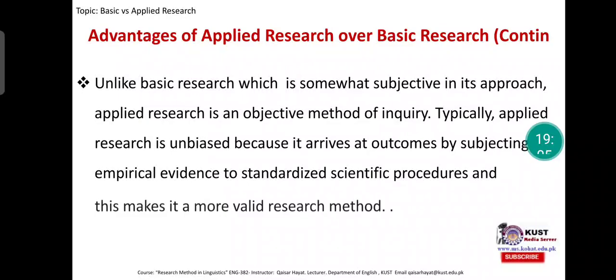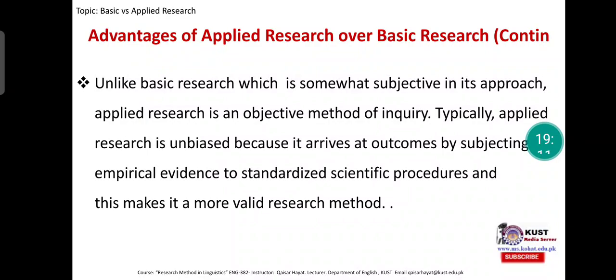Student, actually, this applied research method is a bit practical: empirical data collection, analyzing data, and conclusion. So this would be called an objective type of study. Objectively it's not biased, it's not concerned with left and right, it just focuses on its work and gives you results.